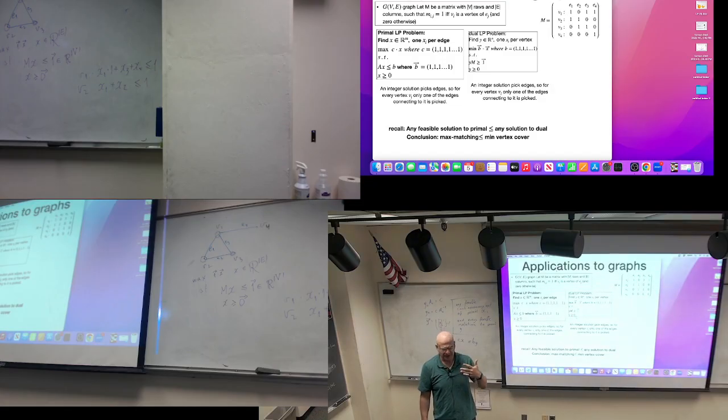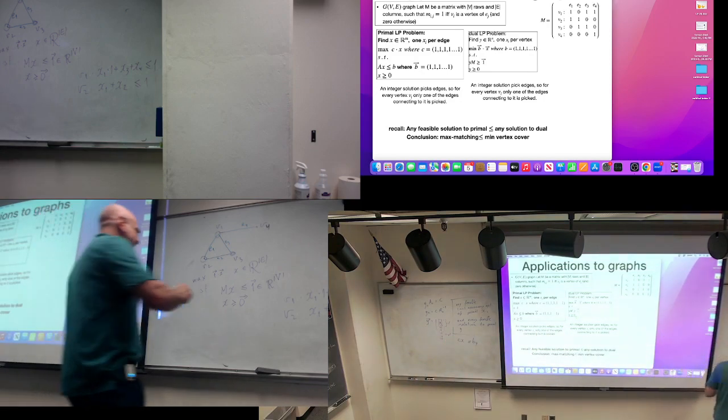I'm picking a subset of edges with the property that for every vertex, let's assume that this graph is bipartite, then you'll all see it. You're picking a pairing between nodes in A and nodes in B. I'm picking a matching. What was the rule about the matching? For every vertex, you can pick only one edge that connects to this vertex. So this problem with the ILP is just a matching.